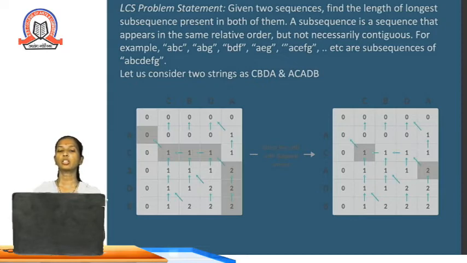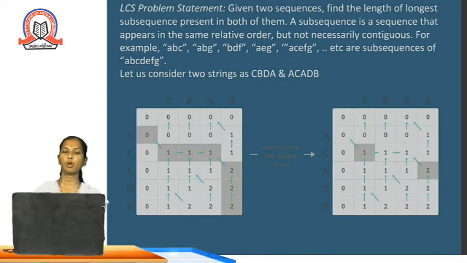So how are we supposed to fill the matrix? We are going to fill the matrix by using the formula. For example, here we compare A and C. If A is not equal to C, then we take the maximum of the top and the left element.